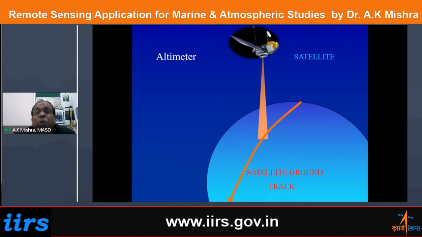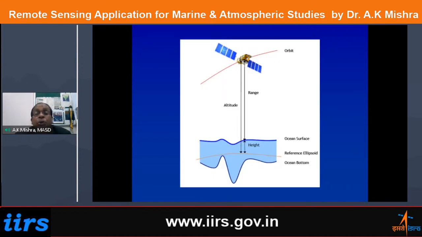So it gives you the sea surface height. This picture shows the range, that is, the distance from the sea surface to the satellite sensor, which is instantaneously measured, and the altitude, which is the reference distance between the ellipsoid and the orbit.